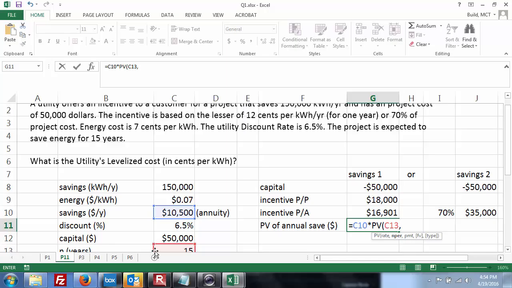Wait a second, no. Oh, rate. Number of periods is 15, there we go.